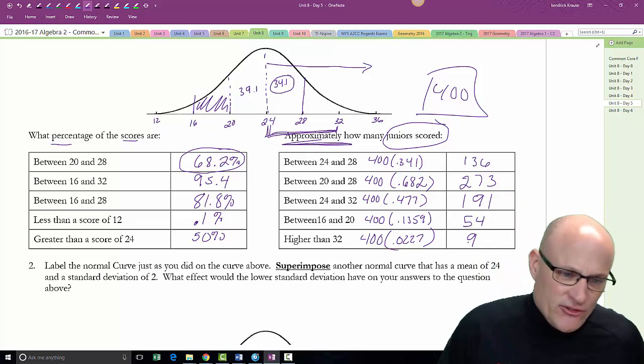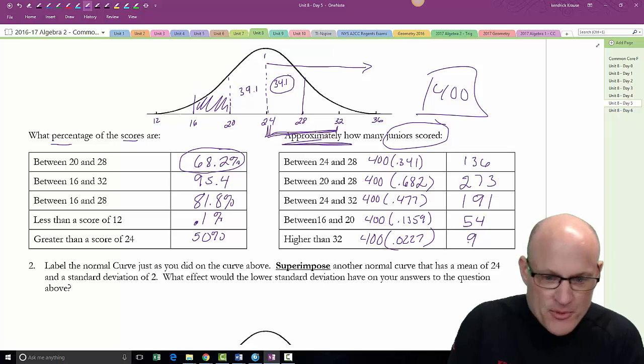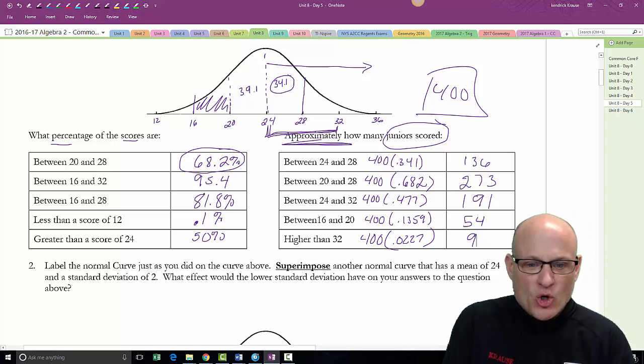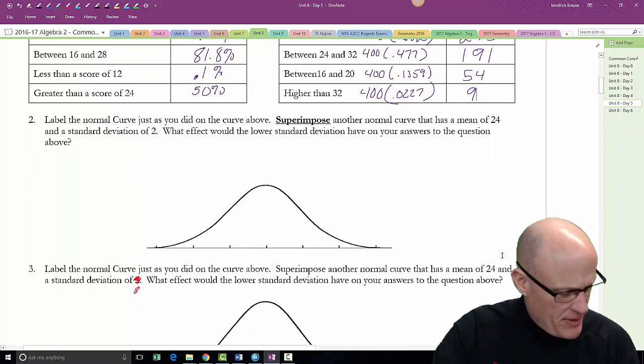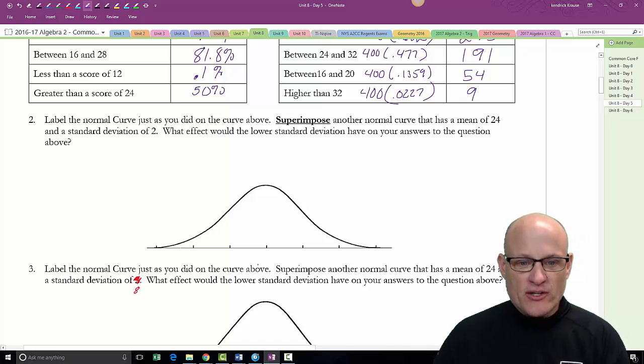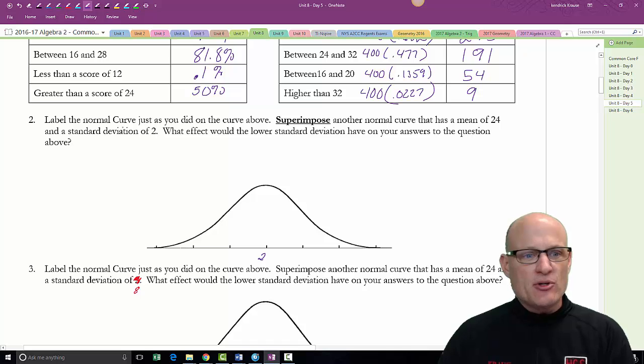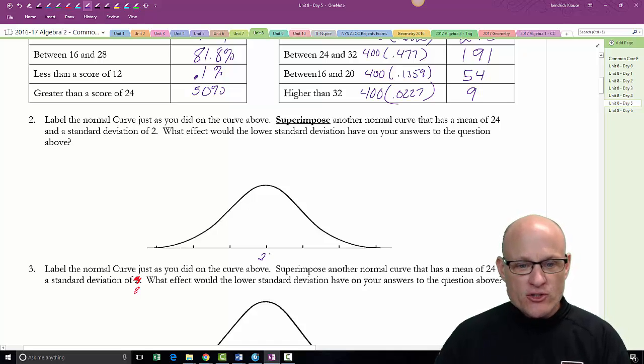So let's talk about something. Let's suppose, and let's go back to the fact that this was the curve from above. So what I want to do is label the normal curve just as I did above. So that was 24, 28, 32, 36, 20, 16, and 12.